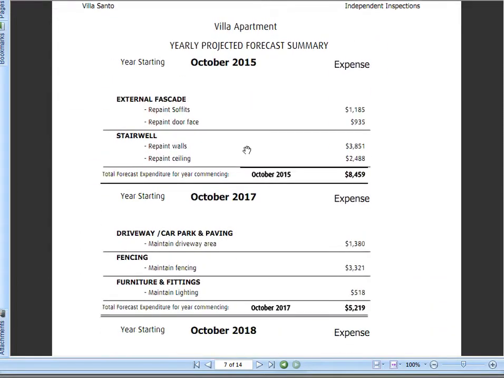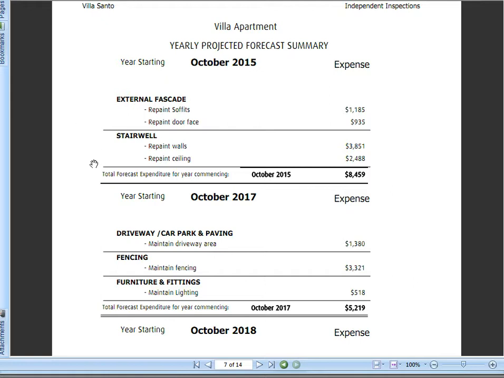Okay. So what we've done from here, we've cut this down into each section over each year. So you can take these sections out from here and put them into your administration budget. So we know that in 2015 we've got external painting coming up, so repainting the soffits, our door faces, and looking at the walls and ceilings in the stairwell.